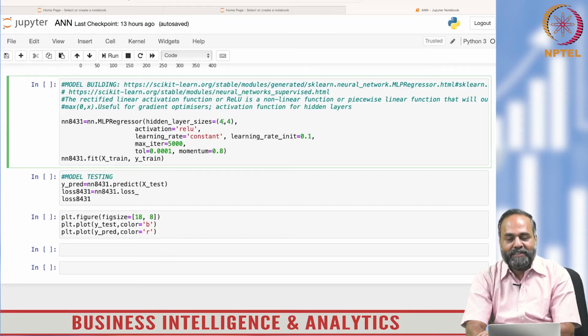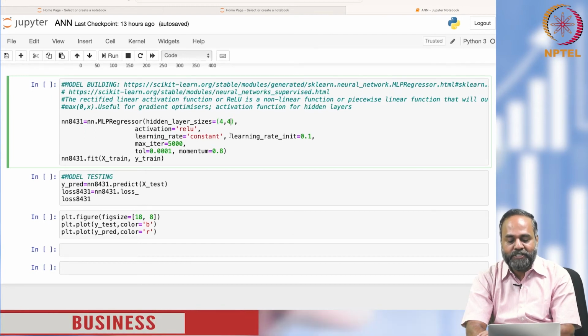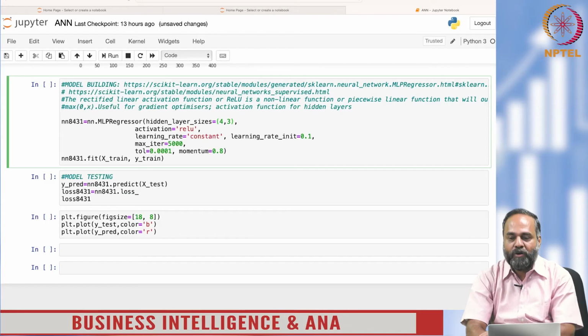I have given 4, 4, but if it has to be 8431, it has to be 3 here, not 4. So I am giving it as 4 and 3. It has to be given only for hidden layers here.